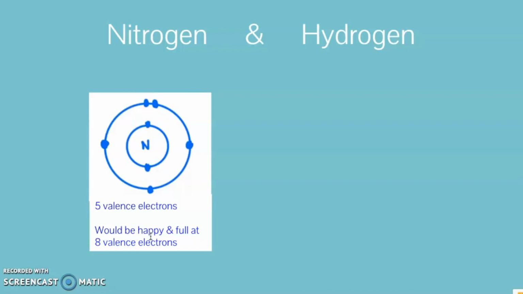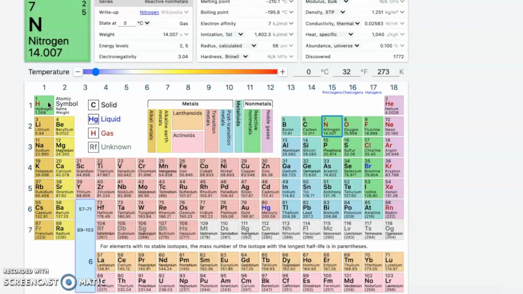I'm going to do the same thing for hydrogen. Head back to my periodic table to gather information about hydrogen. I'm seeing that hydrogen has an atomic number of 1, meaning all hydrogen atoms have 1 proton in them. And in a neutral hydrogen atom, this would mean we would also have 1 electron.